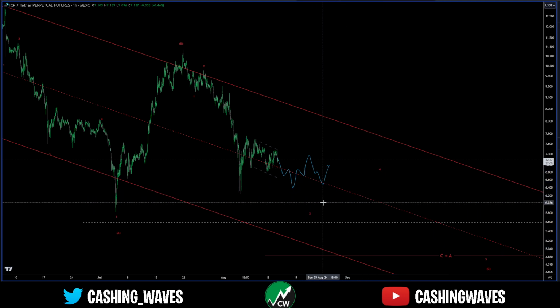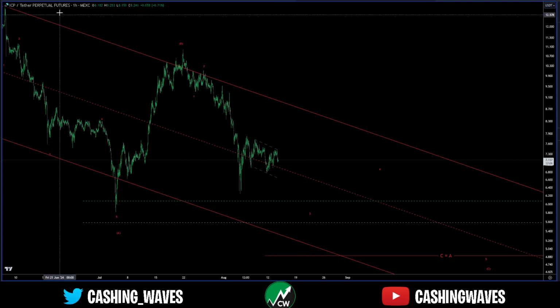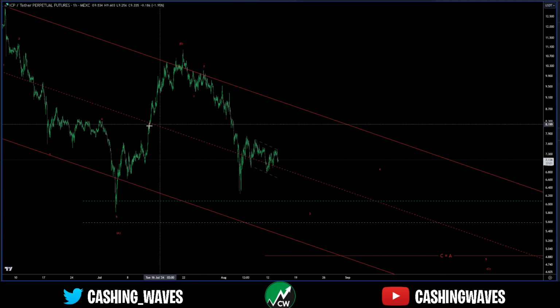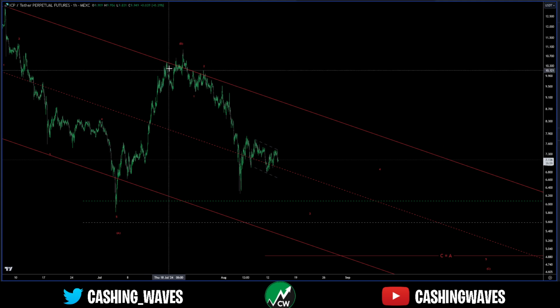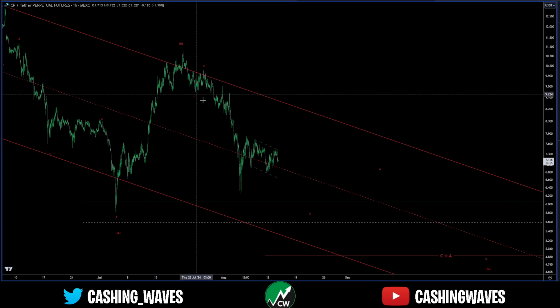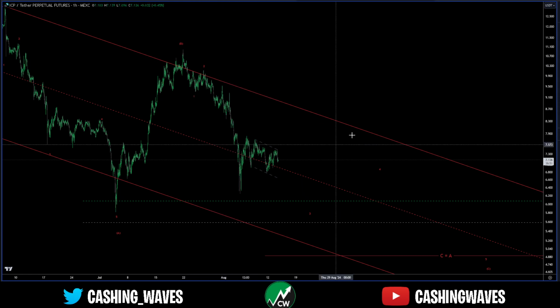But this is my primary, guys. I do think we're coming deeper. I think we're going to invalidate, personally, just because of how deep we've come, the fact we can't count this wave that nicely. This looks more like a third wave to the downside than a Y wave because of the steepness and the time passed.